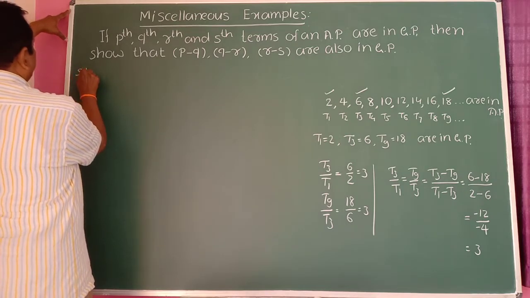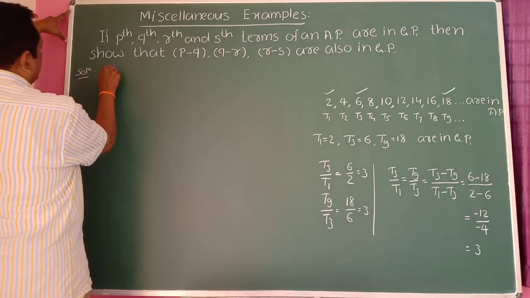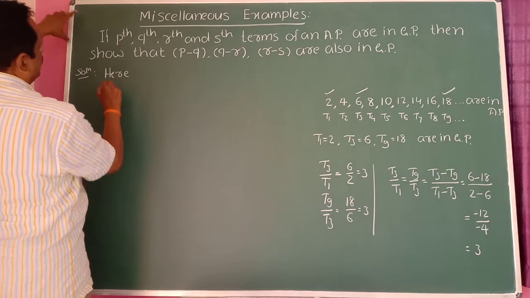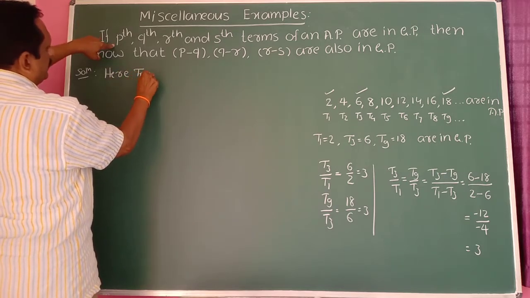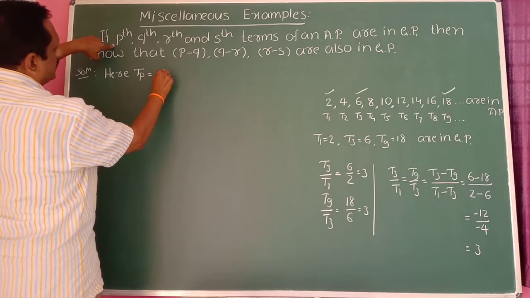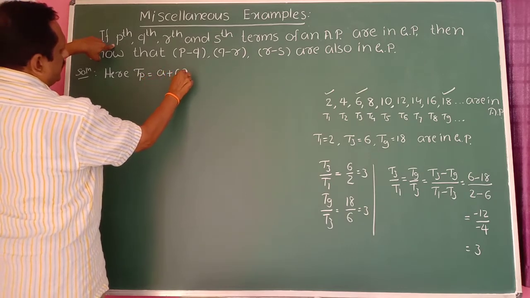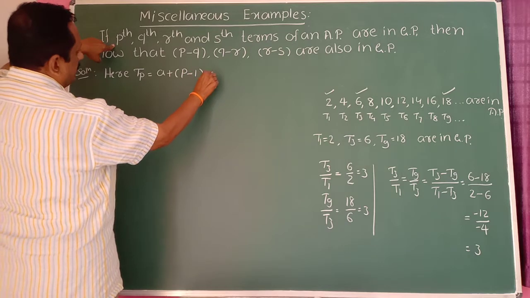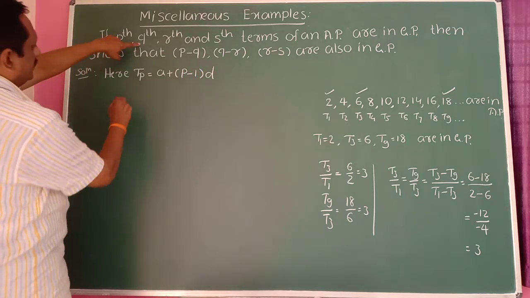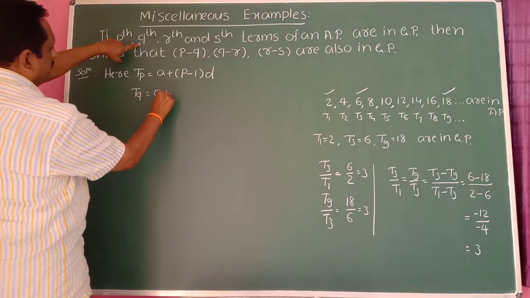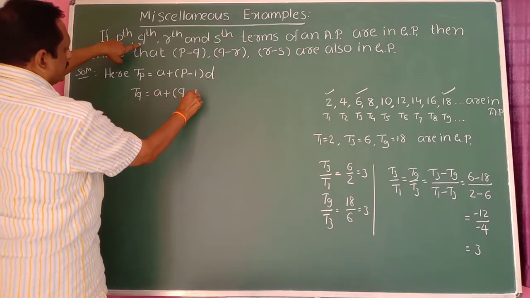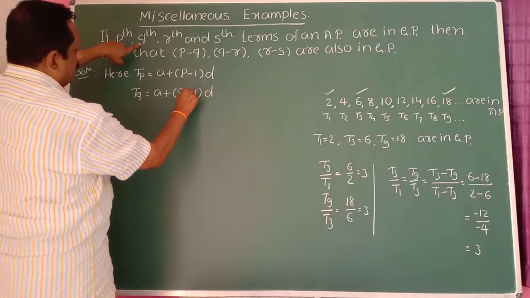Therefore, AP means Tp is equal to a plus p minus 1 into d. Then Tq is equal to a plus q minus 1 into d.